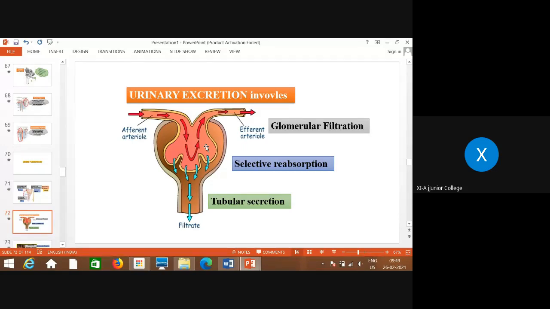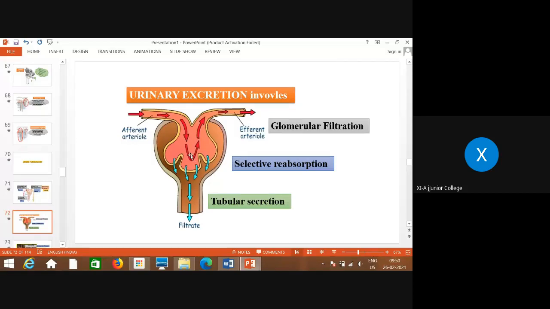So in the formation of urine, this is the first step, where in the network of capillaries present in the glomerular region, because of the change in the diameter of the afferent and efferent arterioles, hydrostatic pressure is created, which results in the filtration of the blood present in these capillaries.